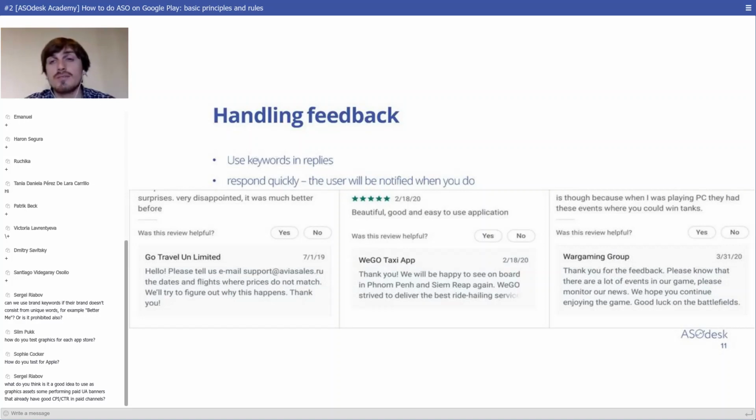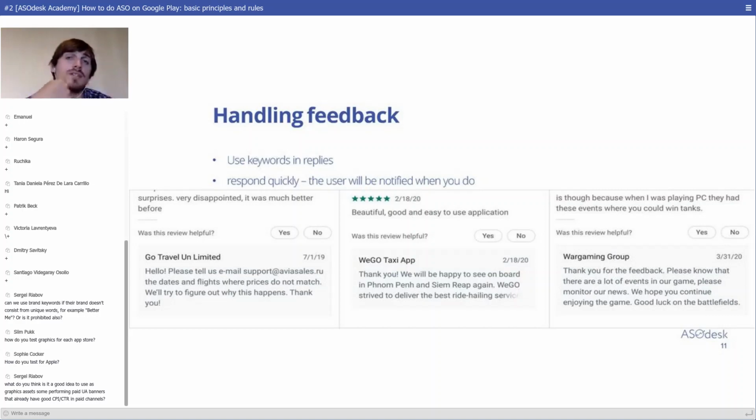So imagine somebody is working with your app, they like or dislike it, they leave a review, and in a very short time they get a notification on the main Android screen that you're writing: thank you for using the app, thank you for this review. This will definitely improve your retention rate. People will like this attitude for sure.